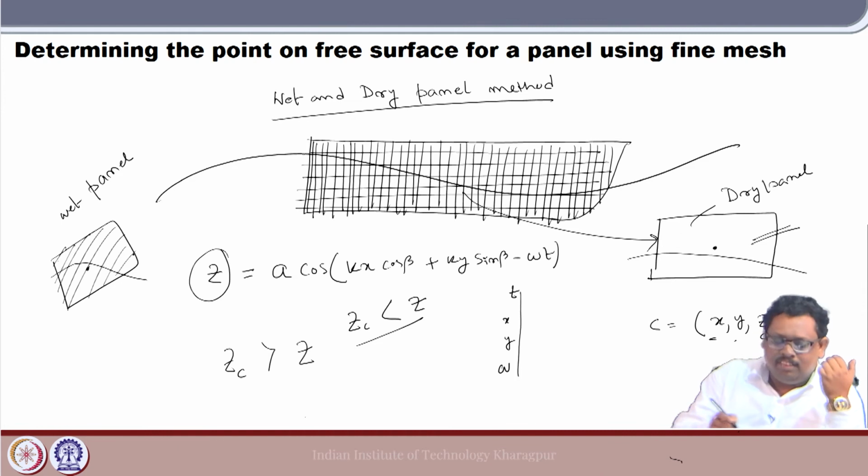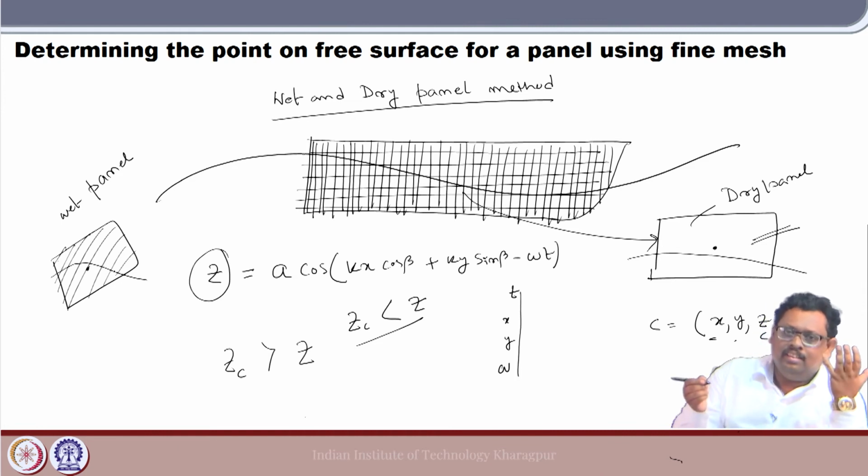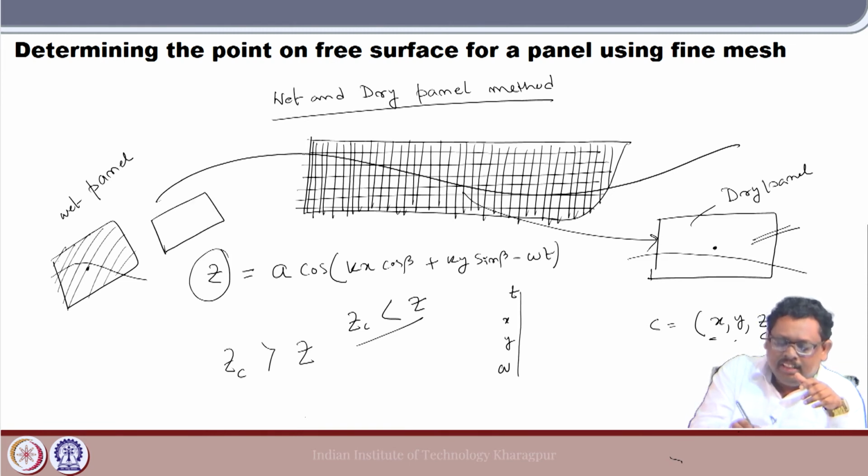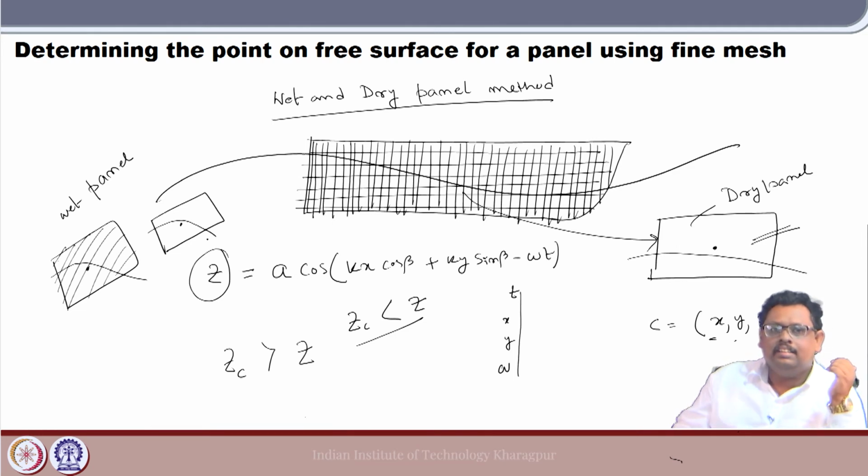I can consider this as a wet panel, that means I take the contribution of the whole panel, even if that panel may be marginal. As I said over here, if this is the panel, this is the centroid and the surface just passed like this, still I can take the contribution of the whole panel. And sometimes this is your centroid and it goes this way.